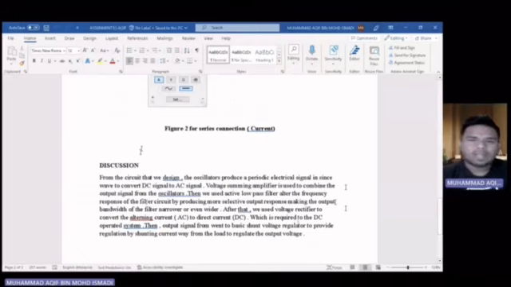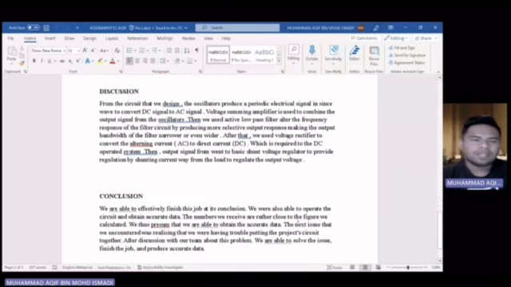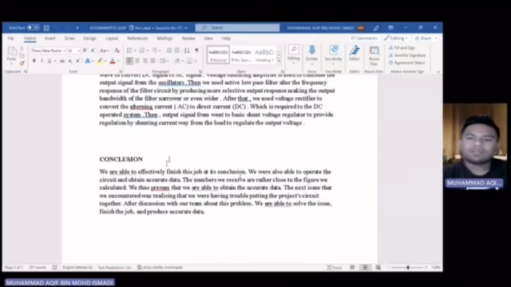Okay, the last one I will explain is the conclusion. We were able to effectively finish this job. We were also able to operate the circuit and get accurate data. The numbers we received are close to the figures we calculated. We trust that we were able to obtain accurate data.